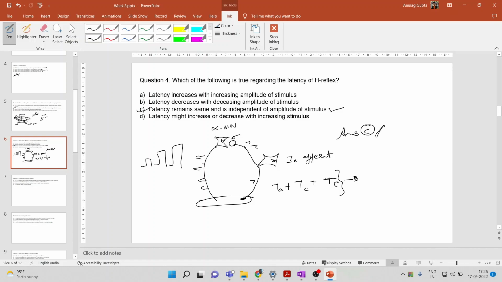So an excitation will be caused in the alpha motor neuron, and that excitation will travel towards the muscle, causing the M response. So the latency will be like this. So this is what it looks like. So this will be the M response, and then this will be the M response and the H reflex.